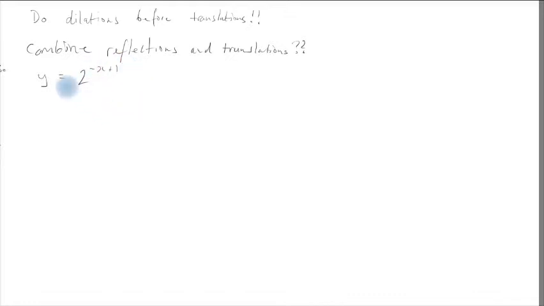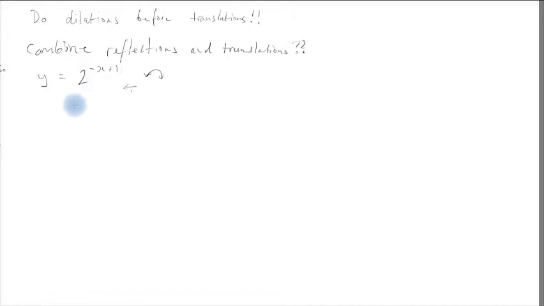Okay, so here we've got a reflection in the y-axis, so it'll flip this way around, and we've also got a translation here. And the way that it's written, it looks like it's going to be a translation that way, 1 unit. That's what it appears to be.